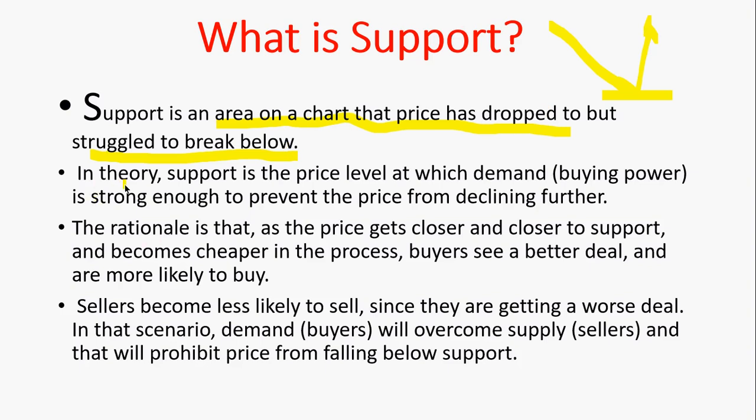In theory, support is a price at which demand or buying power is strong enough to stop the price from declining further. So support is an area where there is demand or buying power.